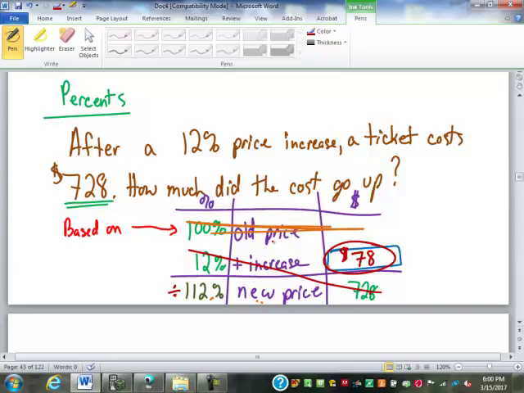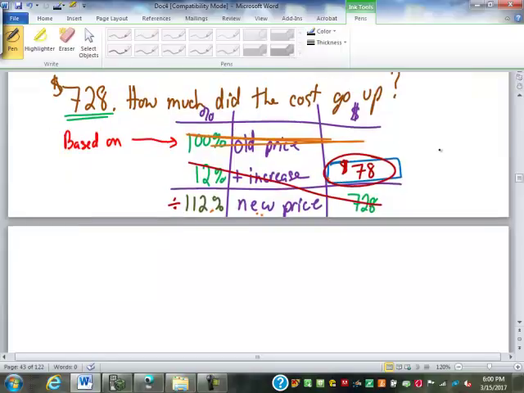Now the reason I went back to show you that example is that our first type of markup is going to be percent markup based on cost.